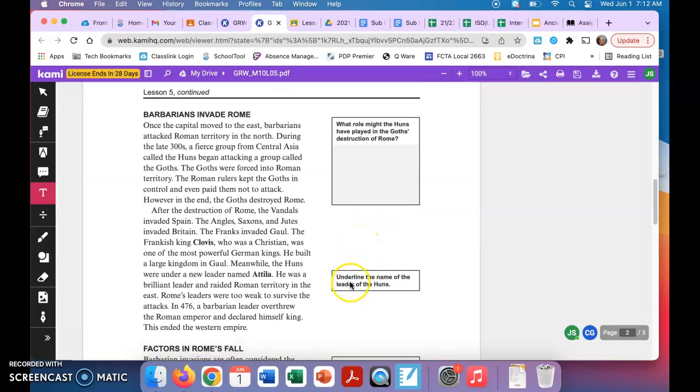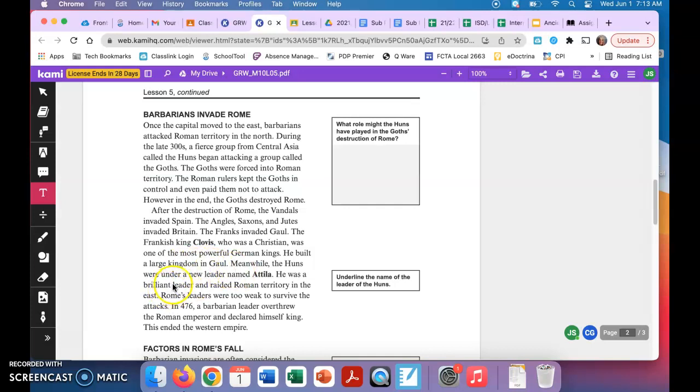Next part, you're going to look for the sentence or the name of the leader of the Huns. So underline the name of the leader of the Huns. After the destruction of Rome, the Vandals invaded Spain. The Angles, Saxons, and Jutes invaded Britain. The Franks invaded Gaul. The Frankish king, Clovis, who was a Christian, was one of the most powerful German kings. He built a large kingdom in Gaul.